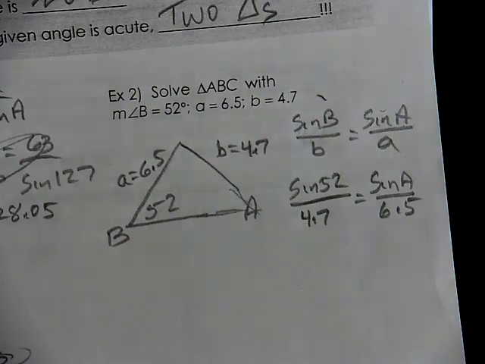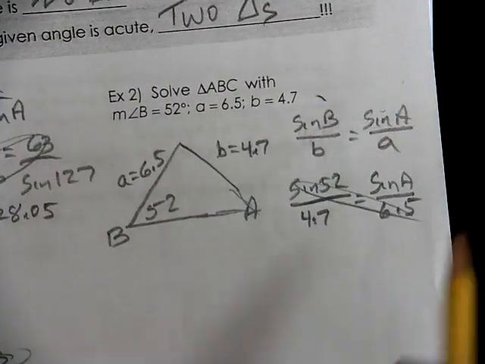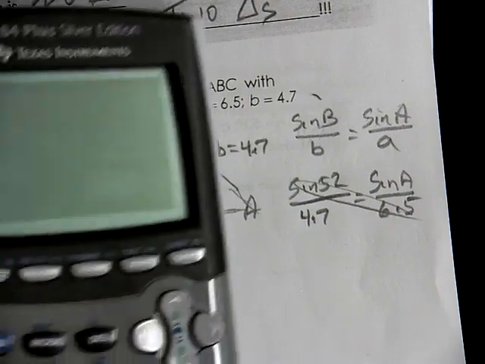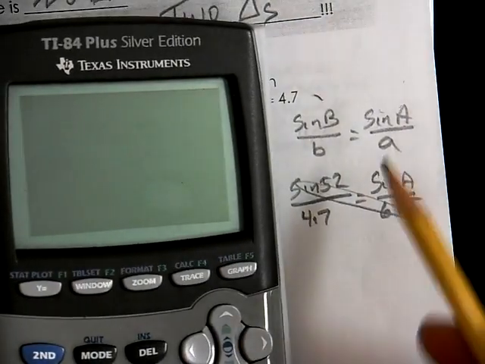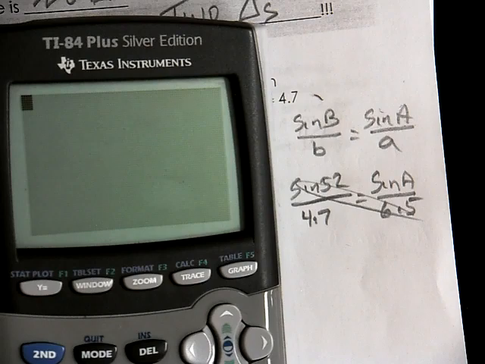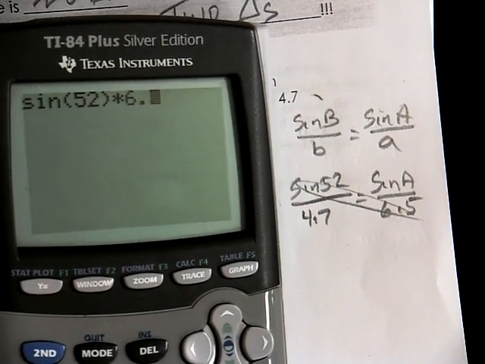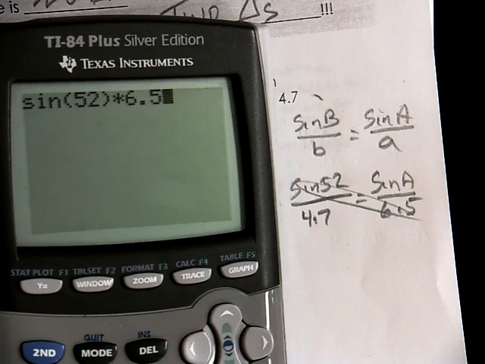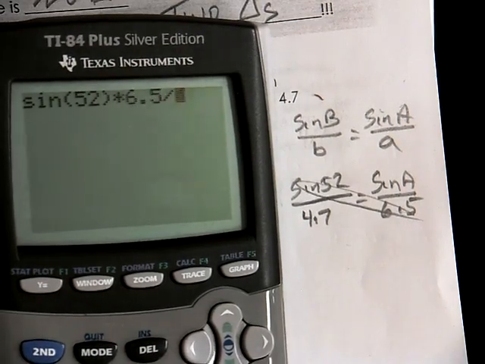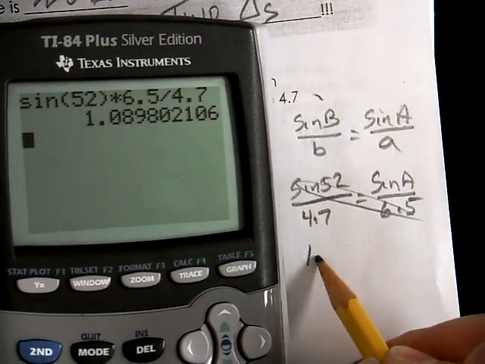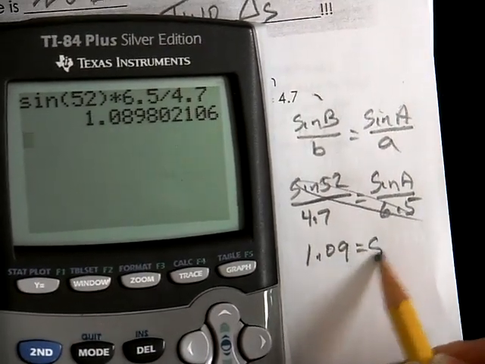So far, so good. We're going to cross multiply. We only have to cross multiply one direction because our unknown is on top. So we have sine of 52 times 6.5, and we're going to divide that by the 4.7, and we get this answer that is greater than 1.